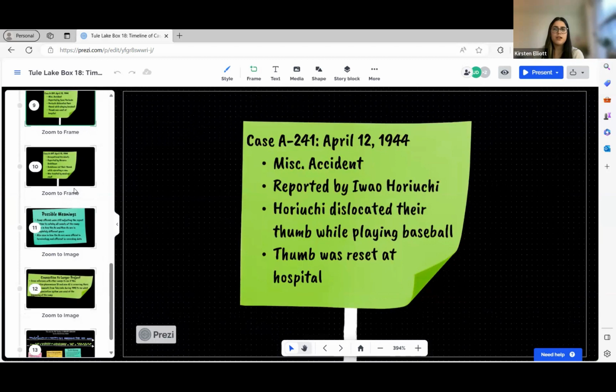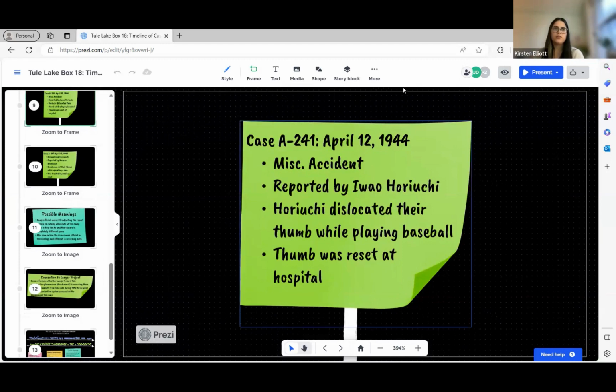This is an example of an occupational accident. Iwao Horiuchi dislocated their, or sorry, not occupational. This is a recreational accident. I misspoke. They dislocated their thumb while playing baseball, and the thumb was reset at the hospital. There were several incidents in the A 200, 201 to 260.